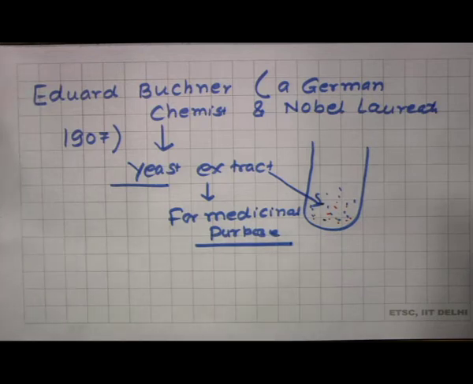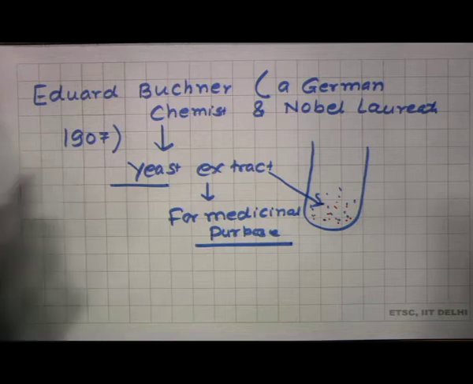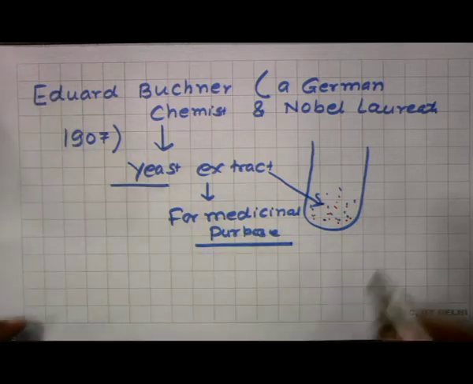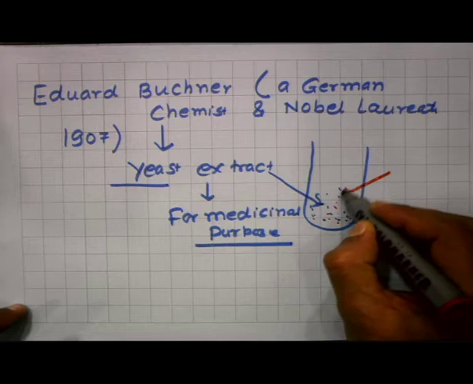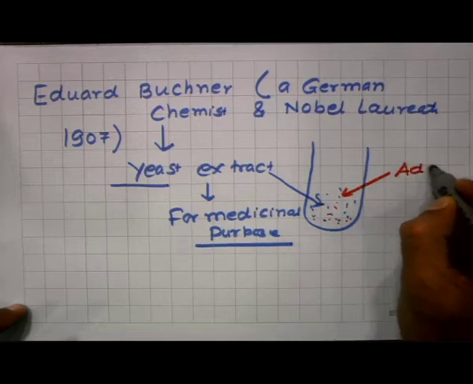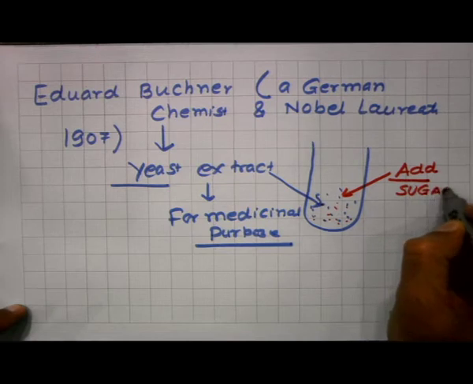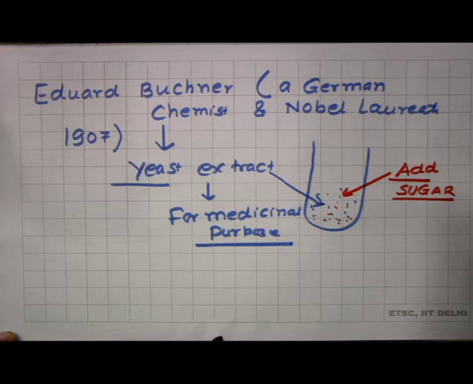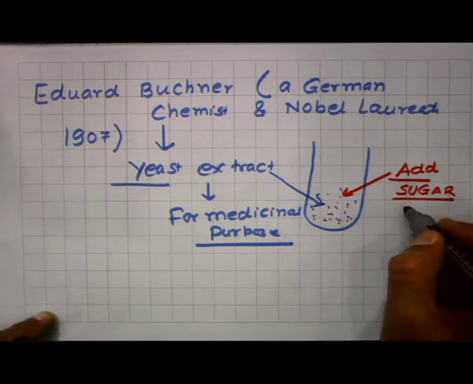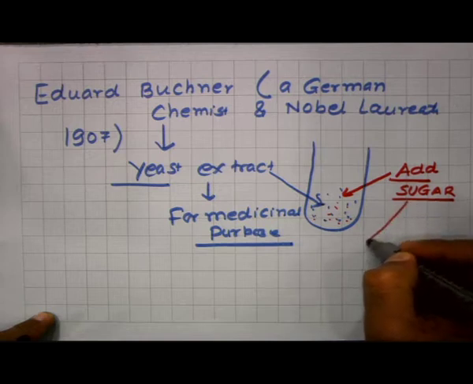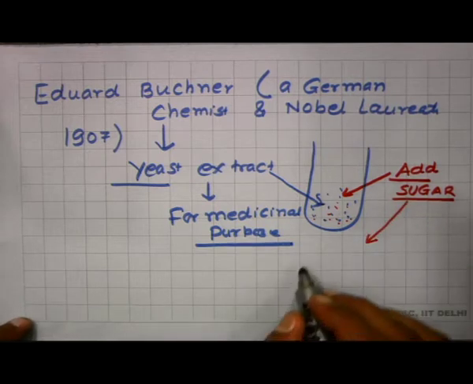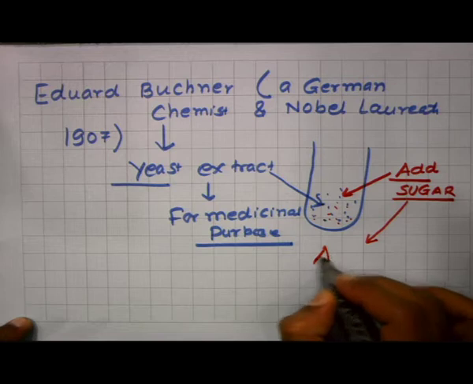Later on, to find the reason for the spoilage, he added a certain amount of sugar to the yeast extract. He found that after adding sugar to the yeast extract, alcohol was produced.